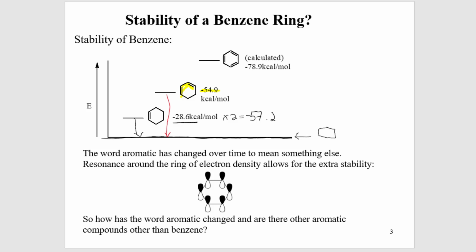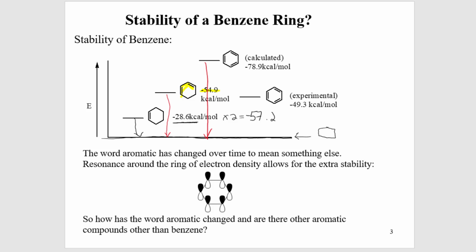So we should see a release in energy when hydrogenated to negative 78.9. That's what's calculated, okay? You want to know what we saw experimentally?